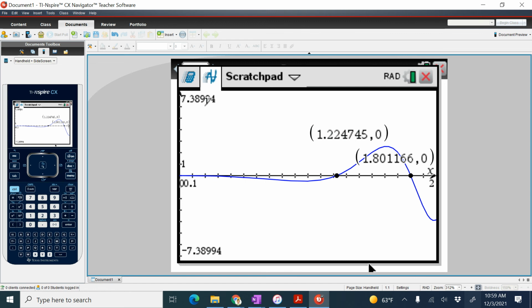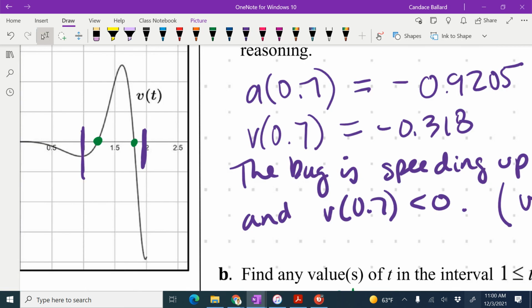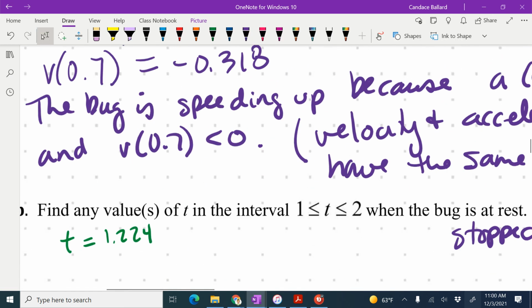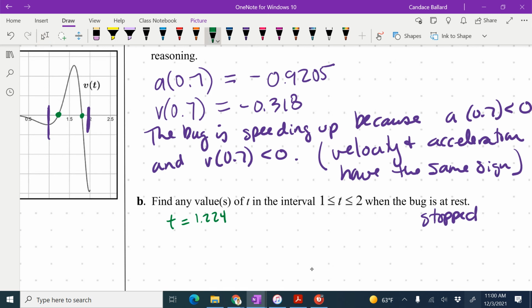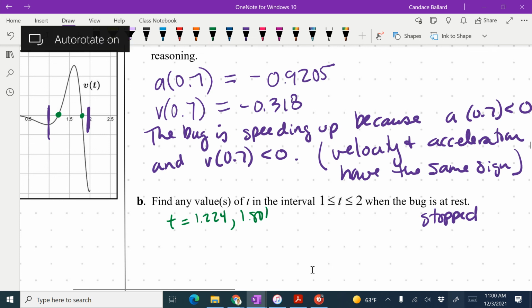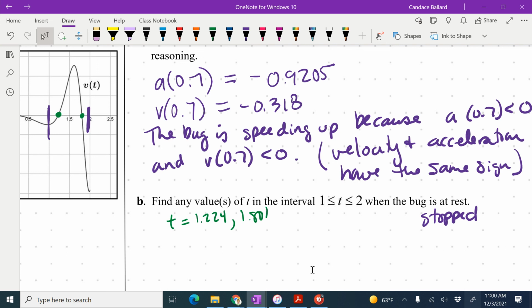Okay, so it's also at 1.801, right? So we probably want to write down why, even though it doesn't tell me. Again, it's helpful to have this when you're trying to do problems.